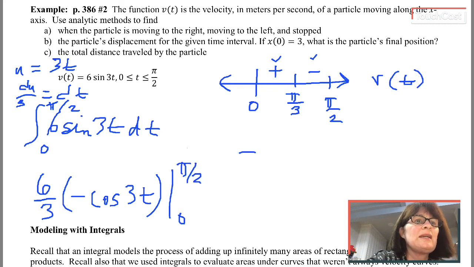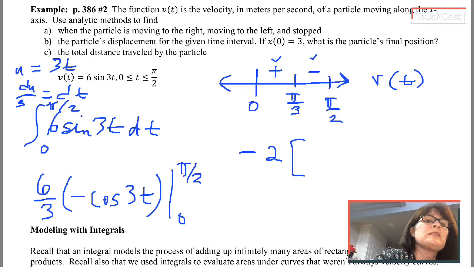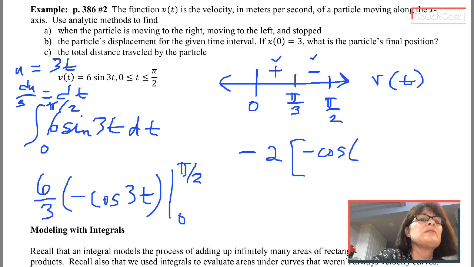So it's going to be negative 2 times the negative cosine of 3 times pi over 2. Well, that's the negative cosine of 3 pi over 2 minus the negative cosine, so plus the cosine of 0.